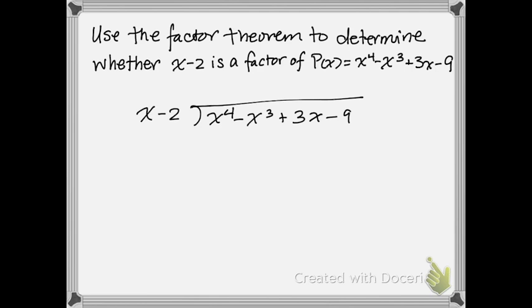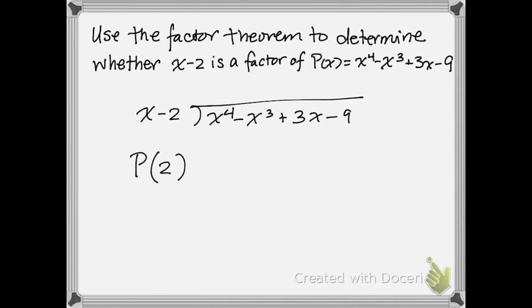But before we get into that, if I have a factor in particular that is in the form x minus something, then instead of doing the division, I can determine if it is a factor by plugging it in. So the factor theorem says that if I do p of 2, now notice if I have x minus 2, I put in a 2.